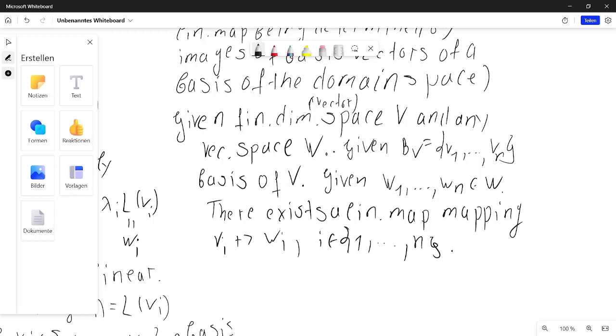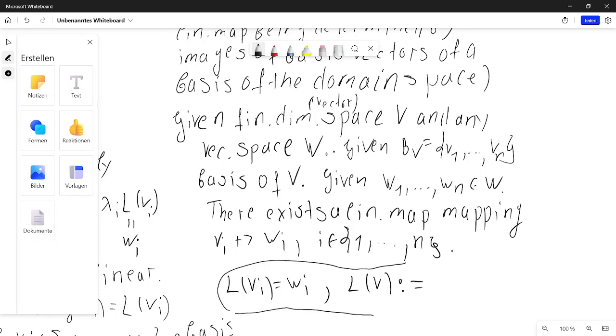Right? And this already determines the linear map, so it really says that the map exists because we can just define the map by linear extension. Imagine we have defined that, and by linear extension means L of v, and now it is a definition. The map is only defined for that, but we can guess that it can already be defined because the map is determined by the images, and of course this has some representation because the e_i are a basis.